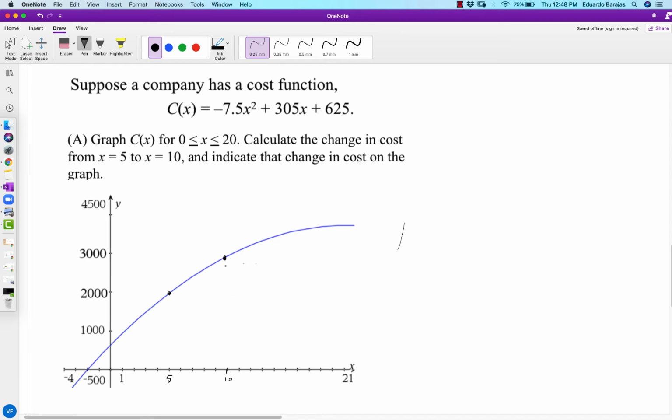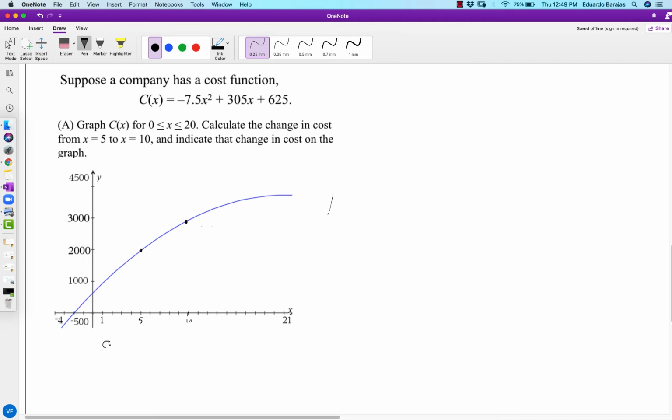So we want to figure out the change that occurs in the cost, that's what they're interested in here. So we calculate the change in cost as x changes from producing 5 units to 10 units. We need to figure out the value of C of 10 and then the value of C of 5 and then subtract the two.